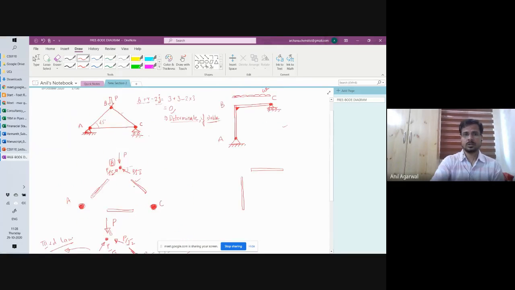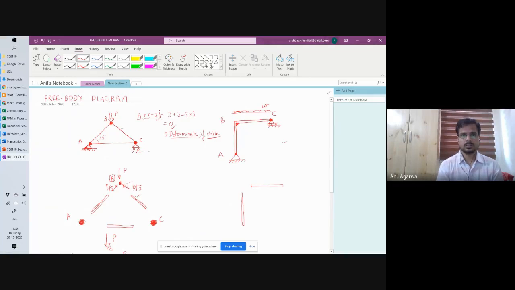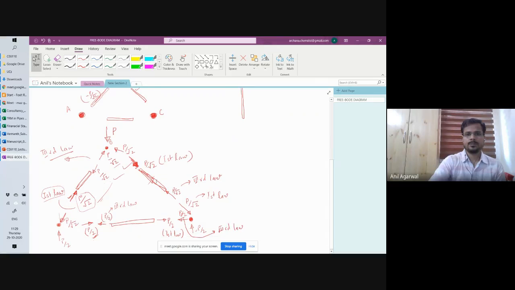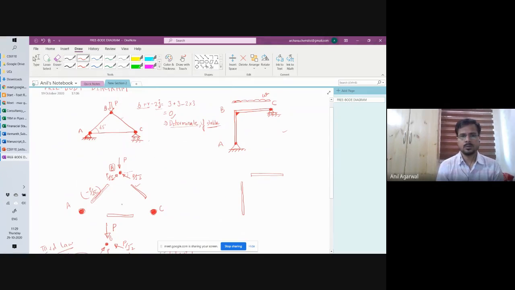So what are the reactions we got? We got a compressive force of P by root 2 here, right? We got a compressive force of P by root 2 and tensile force of P by 2. Got tensile force of P by 2 and a compressive force of P by root 2. Okay.